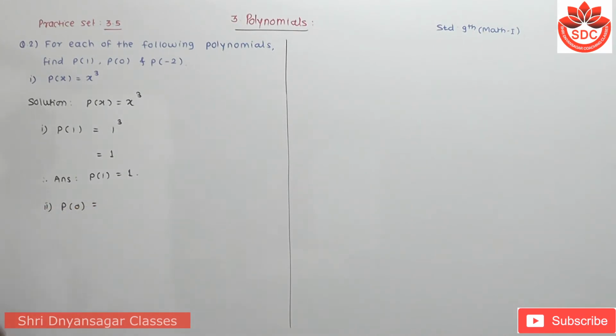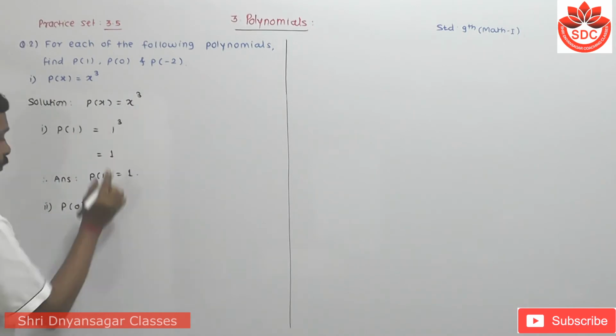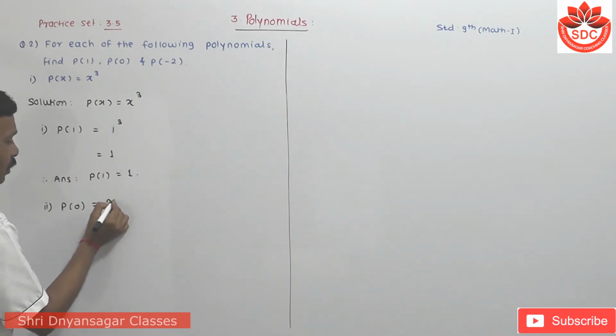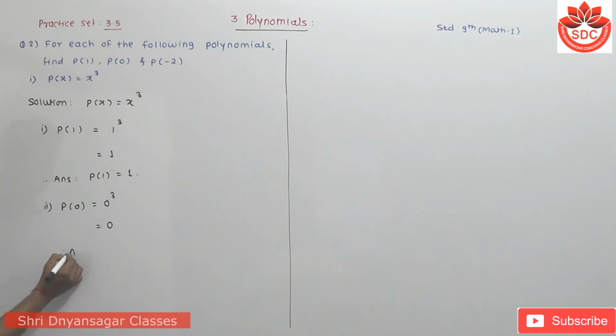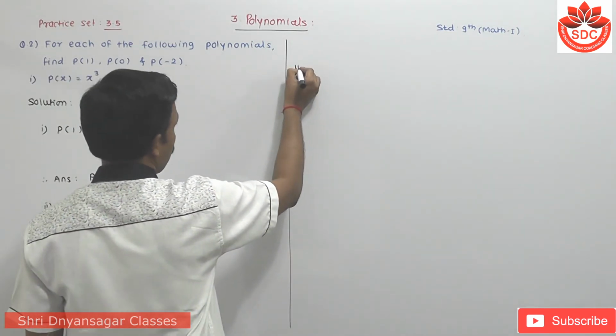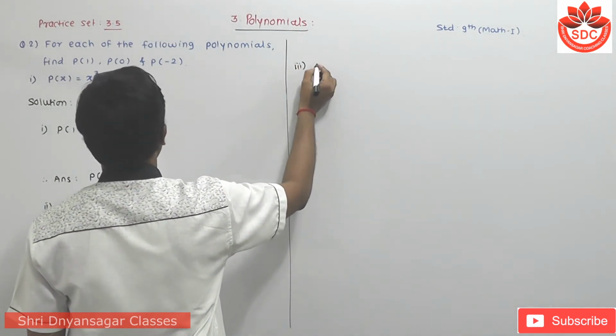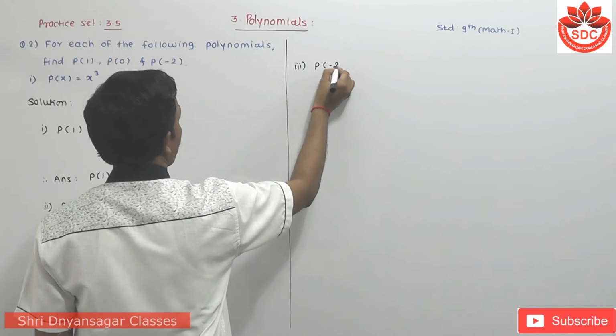Then the second one is p(0). We put this value here, so p(0) means 0 cube, which equals 0. Therefore p(0) equals 0. Then the third case, p(minus 2).